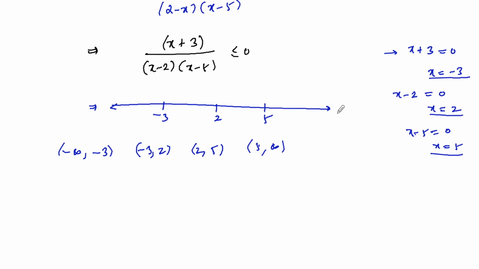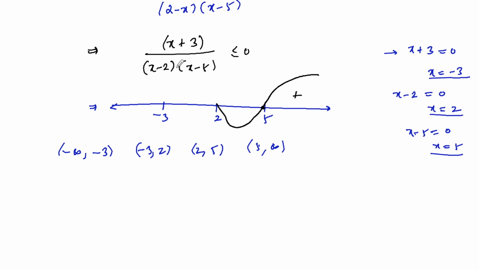You can start taking the curve from the rightmost root, that's 5, from the positive side, and then after coming to each and every root you have to check the power of the linear factor. If the power of the linear factor is odd, the curve changes from positive to negative.